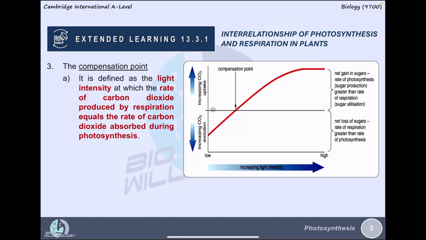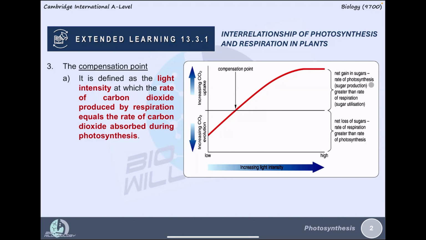So what has happened here? When we have the net uptake of CO2, the CO2 is incorporated into the Calvin cycle, and therefore we have a net gain in sugar due to the increase in the rate of photosynthesis, or in other words, the rate of photosynthesis is higher than respiration.